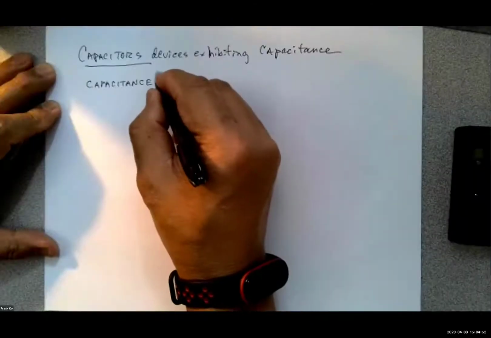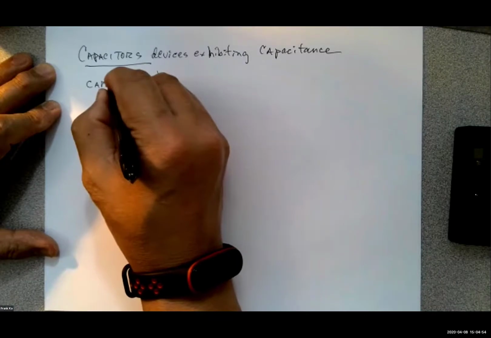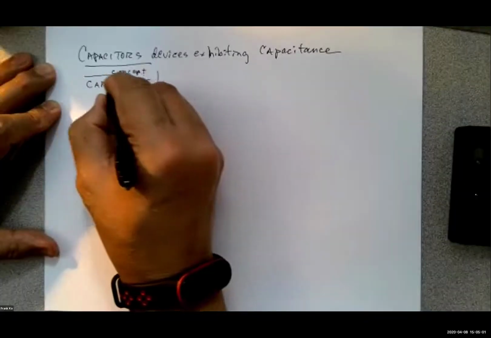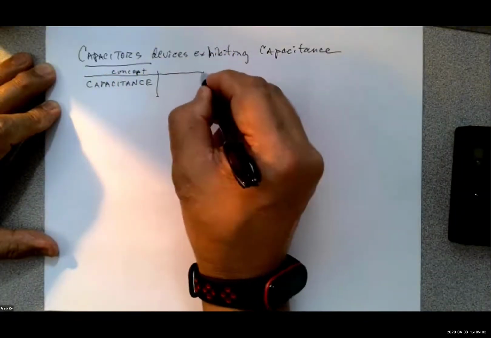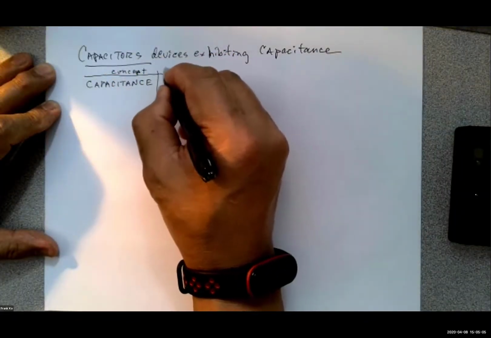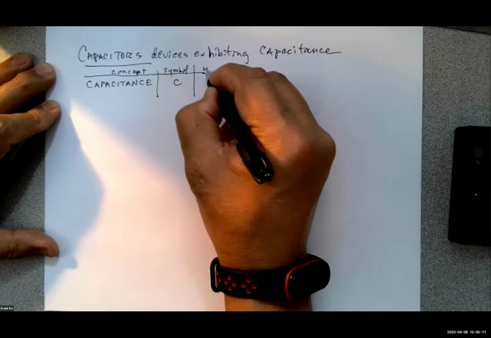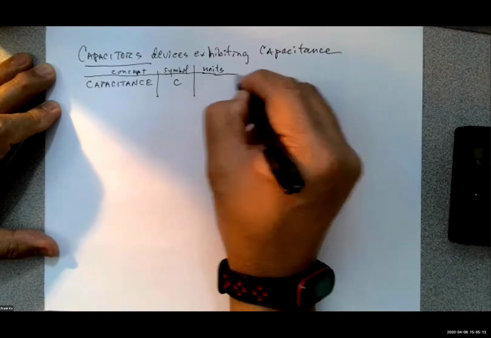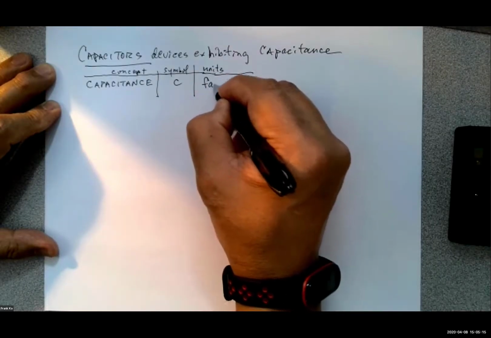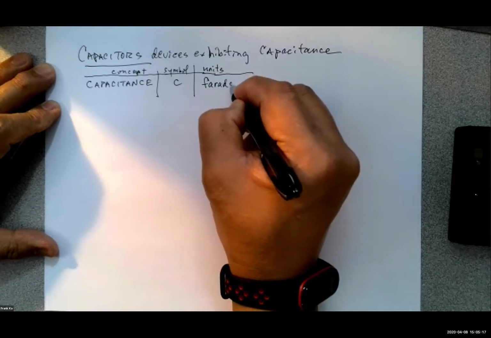So this is our concept. The symbol for capacitance is given as a capital C, and the units of capacitance are given as farads, F-A-R-A-D-S.